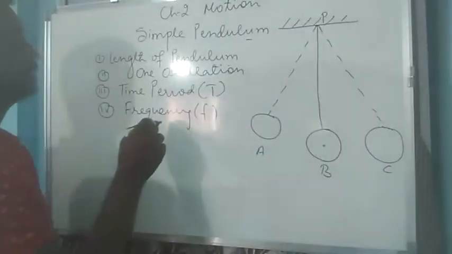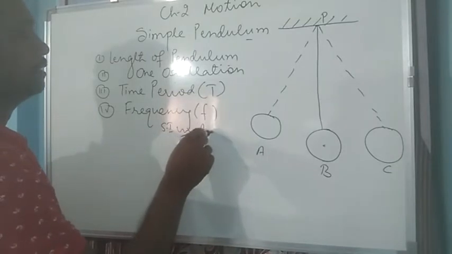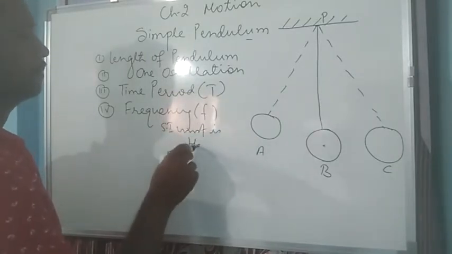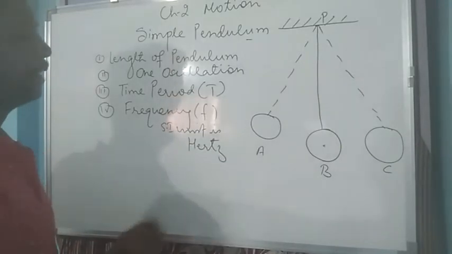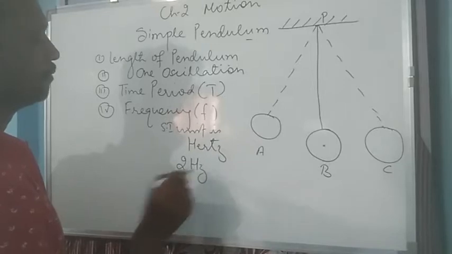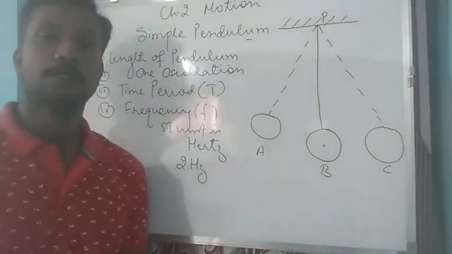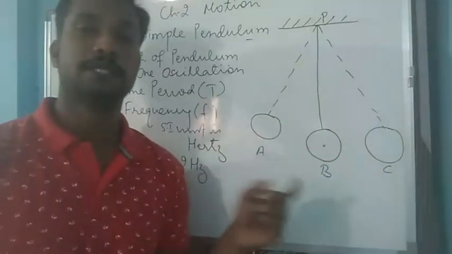And its SI unit is hertz. For example, if a pendulum has a frequency of 2 hertz, it means it makes 2 complete oscillations in 1 second.